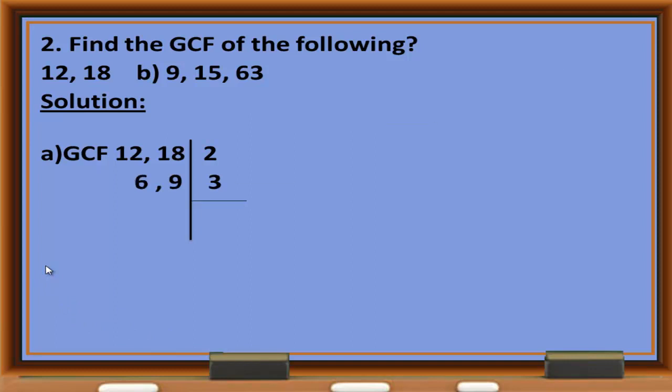Now 6 and 9 can be divided by the prime factor 3. 6 divided by 3 is 2. 9 divided by 3 is 3. We stop here. The prime factorization, we stop here. 2 times 3 is 6. 6 is the GCF of 12 and 18.